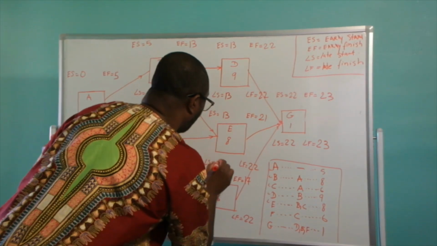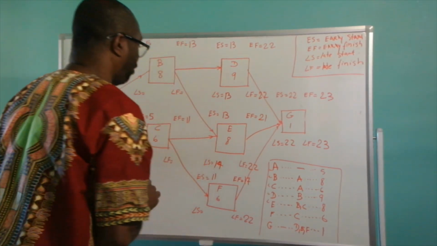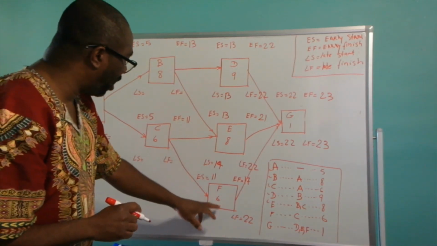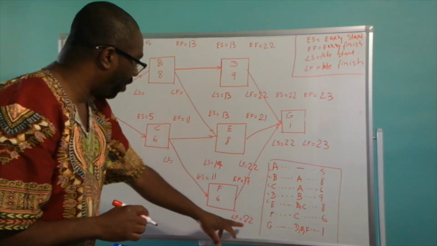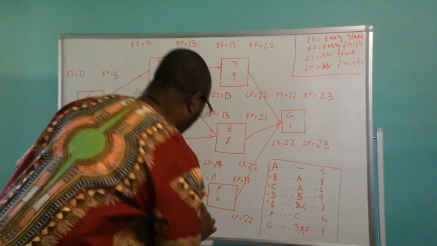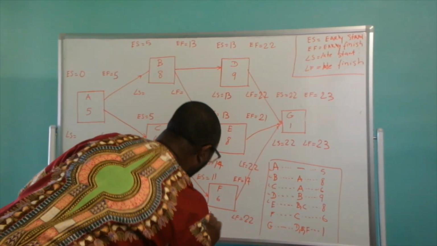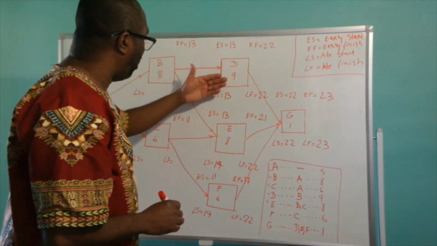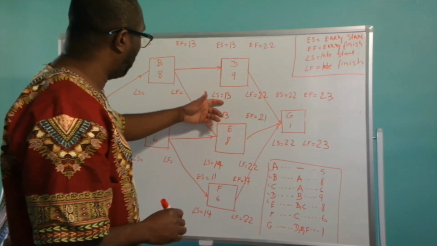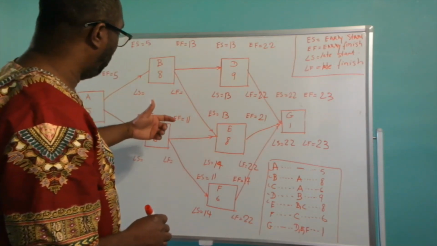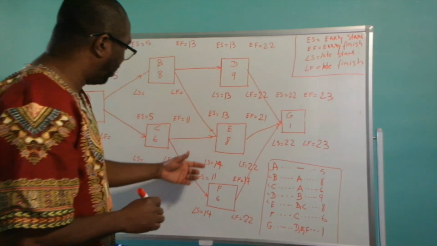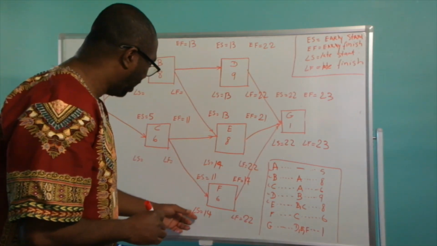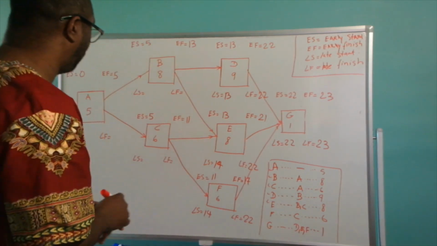And then we're going to subtract 6 from 22, which is also 14. So activity D has a late start of 13 days, activity E has a late start of 14 days, and activity F has a late start of 14 days.